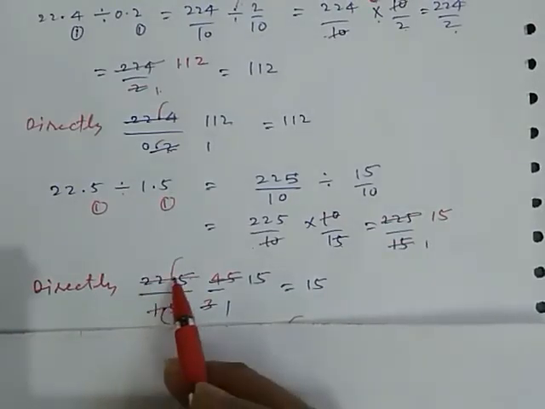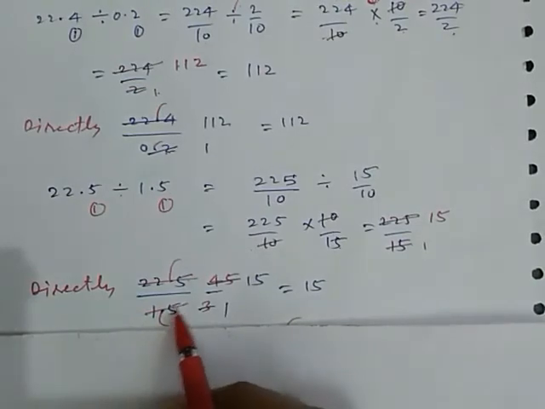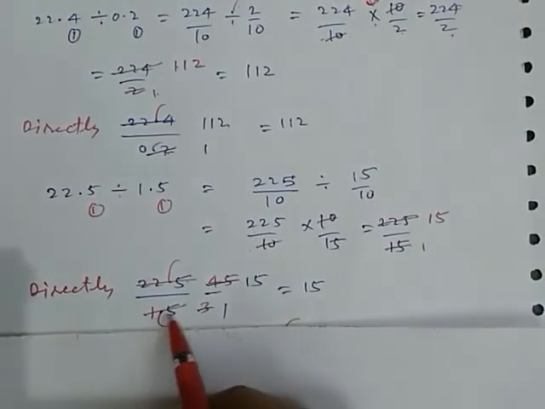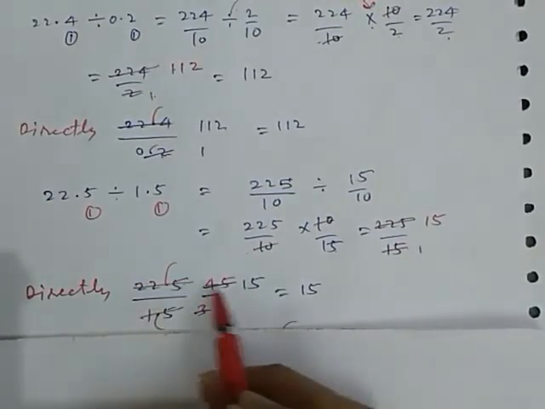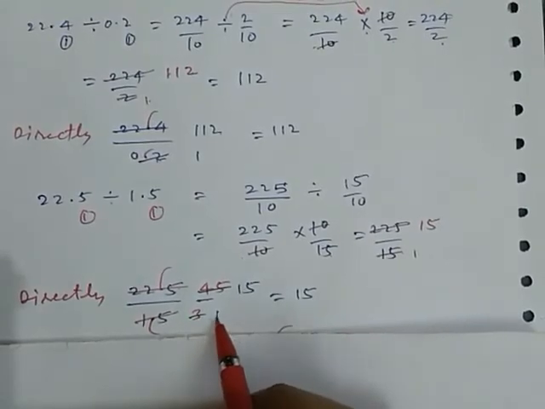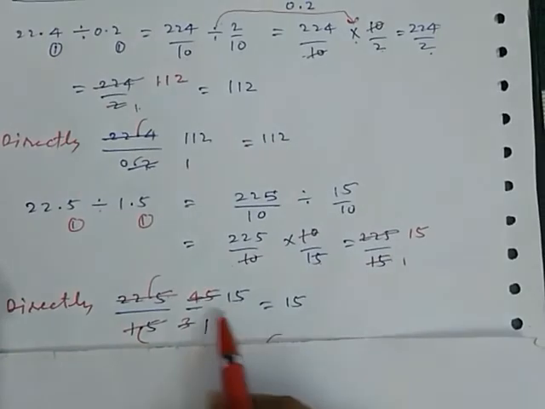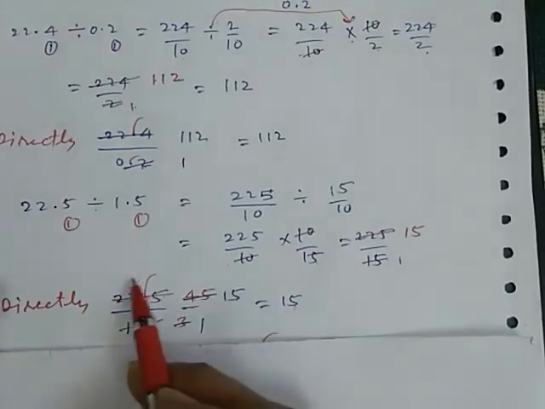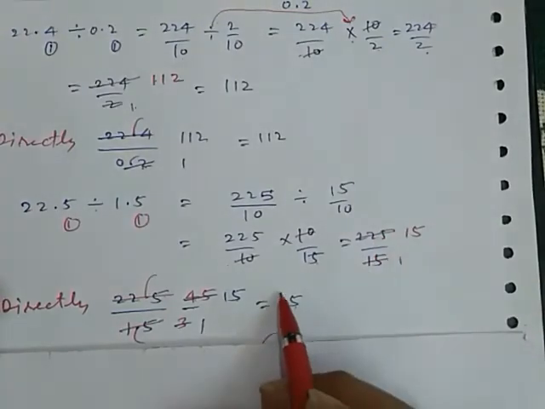When we divide this, we divide by 5. 15 divided by 5 we get 3. 225 divided by 5 we get 45. Now we divide 45 by 3 and we get 15. So the answer is 15. You can perform this separately also, and you get 15.